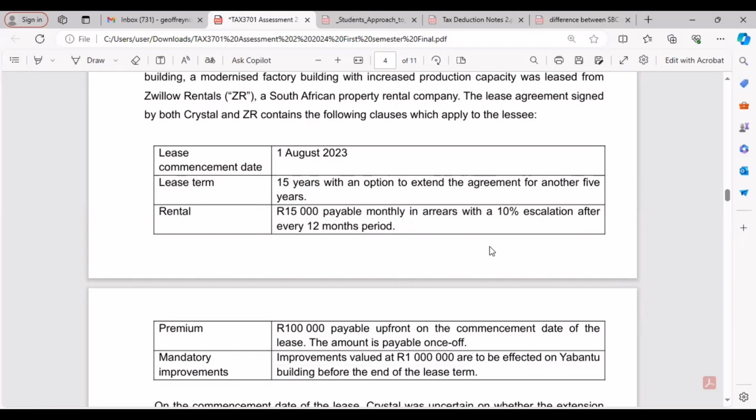If you're looking at the timeline, we are renting from the 1st of August 2023 and our year ends on 31 March 2024, so it's not a full 12 months. So that 10% won't affect us. It would affect us if we were doing the 2025 tax returns, then we need to escalate our rates. And anyway, it's normal: when you're renting from a place, every year these guys say 10% on top. So we know that.